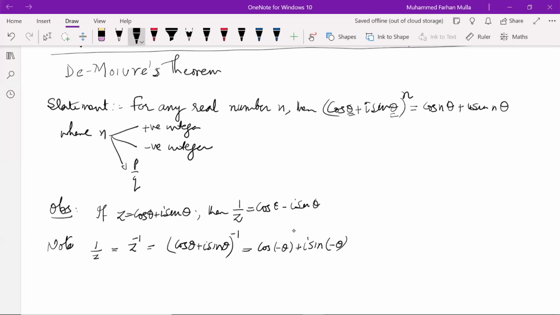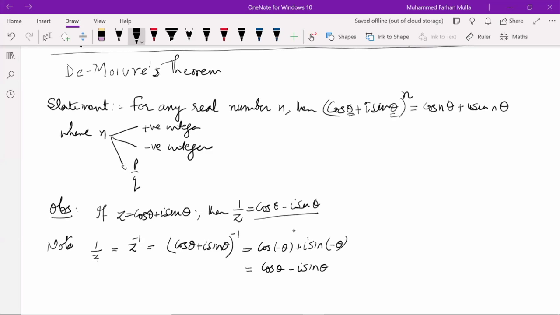Okay, but you already know that cos of minus theta is plus cos theta, and sine of minus theta is minus sine theta. So it becomes minus i sine theta. So we have 1 upon z equal to cos theta minus i sine theta.